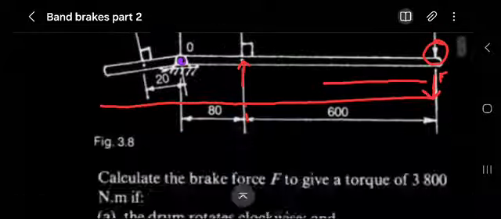All right, now we want to calculate the force.